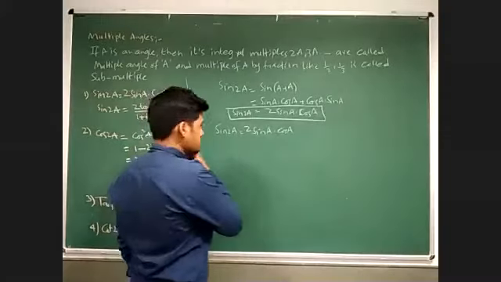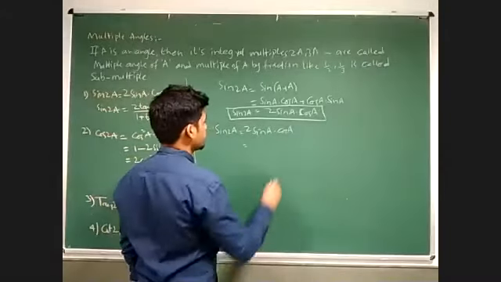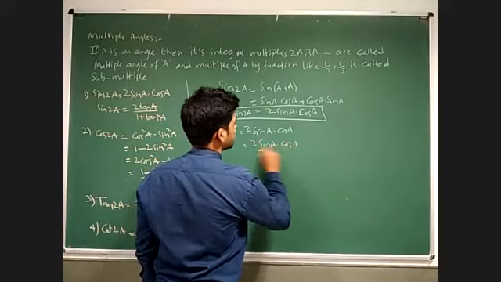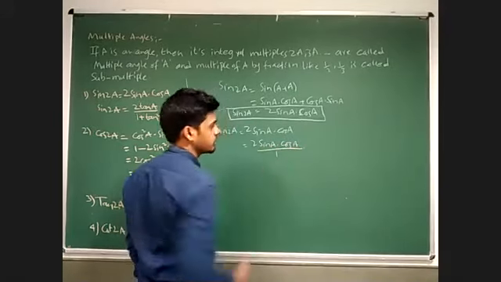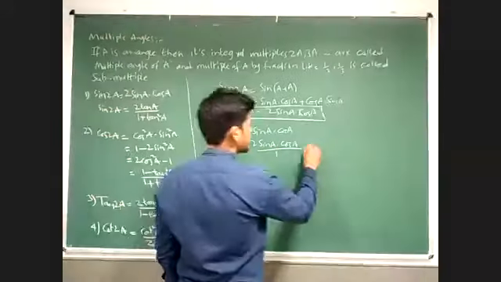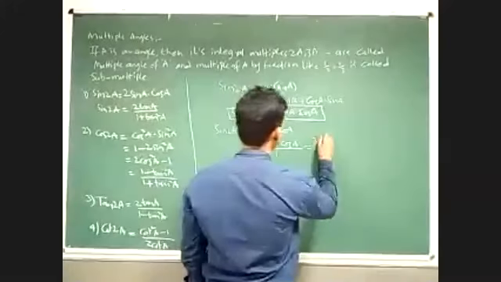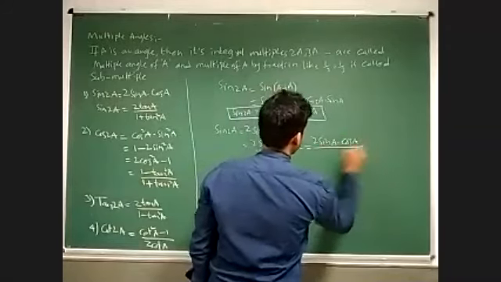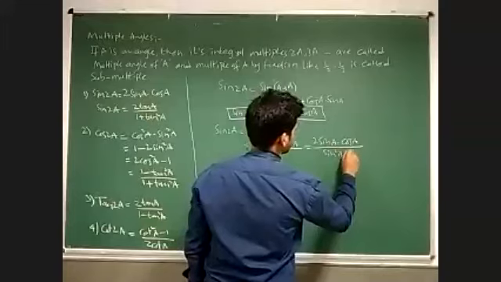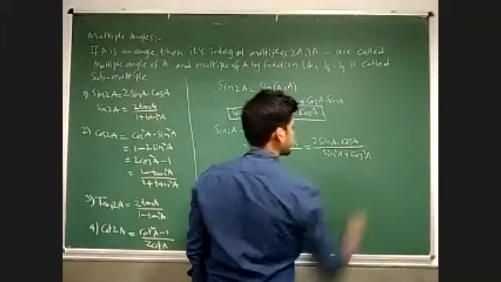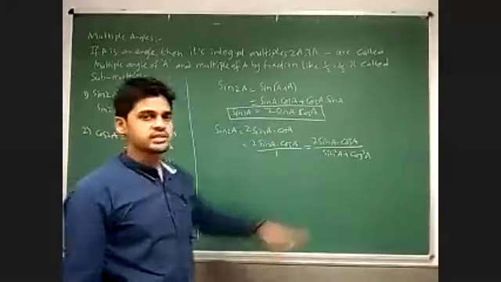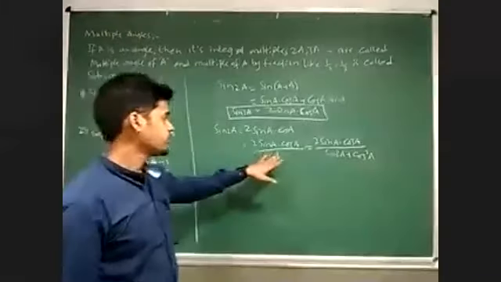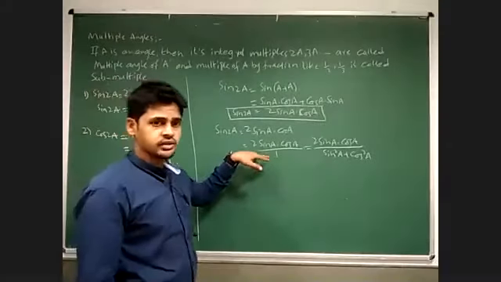Okay, so if I write sine 2A as 2 sine A cos A by 1, that means nothing. So 1 I can write as sine square A plus cos square A. Sin square A plus cos square A is equal to 1, and 1 in the denominator means nothing.